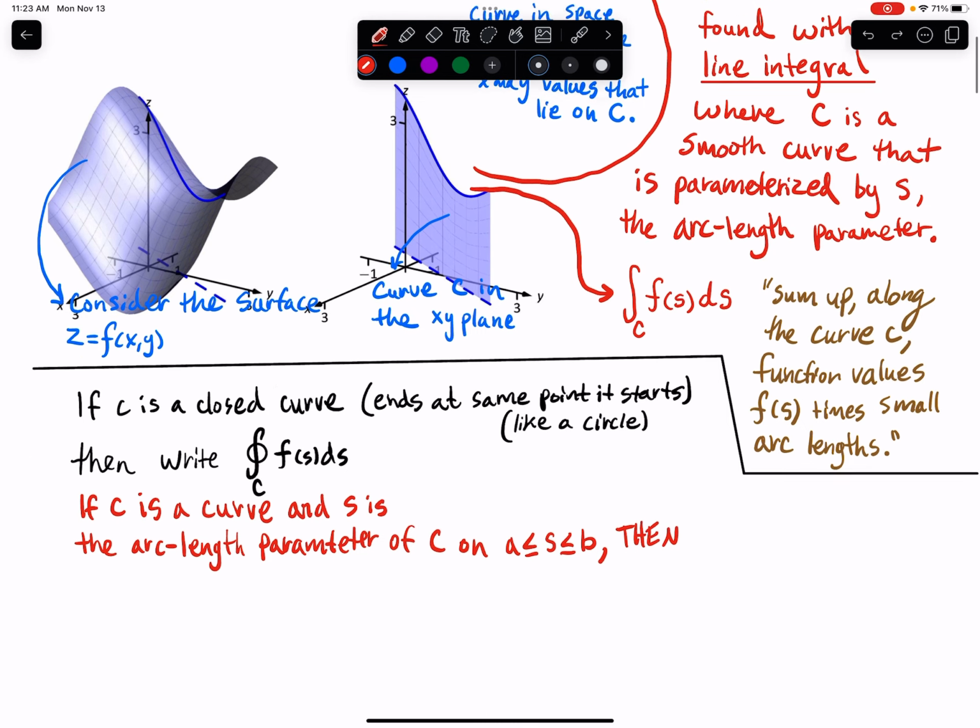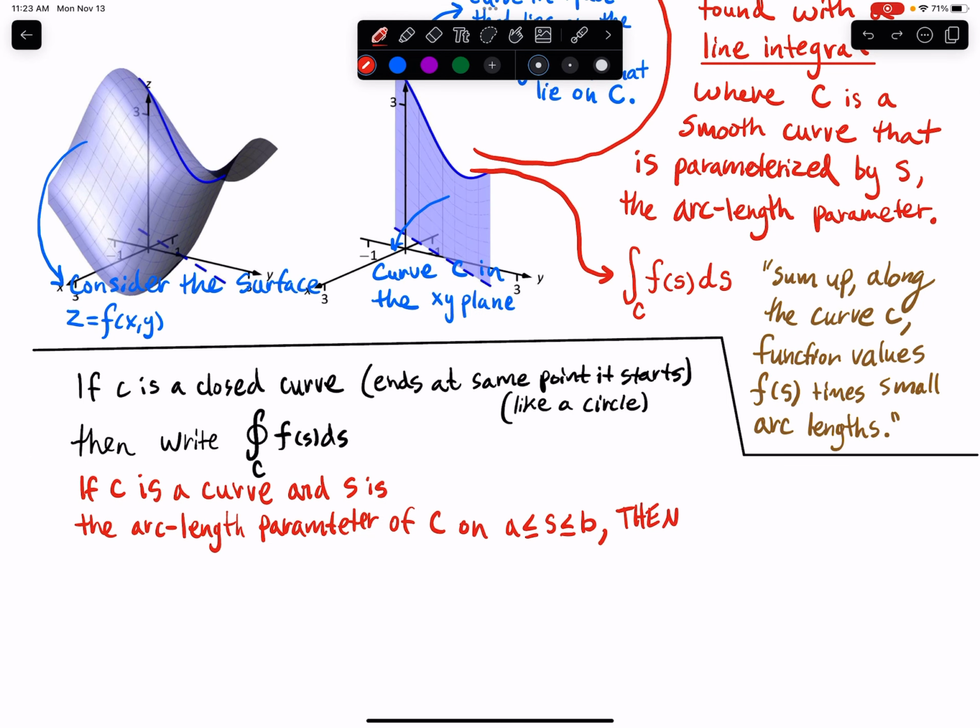Now, if C is a curve and s is the arc length parameter of C, and s is between a and b, inclusive, then the line integral over the smooth curve C, parameterized by the arc length parameter s, is equal to the integral from a to b of f of s with respect to s.